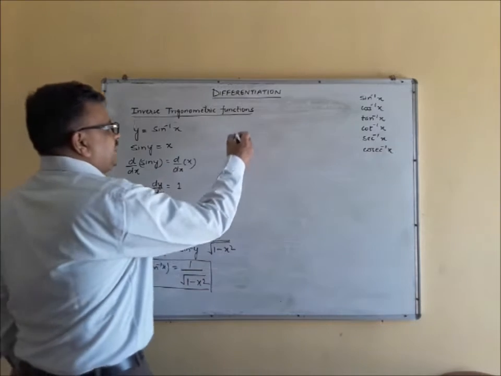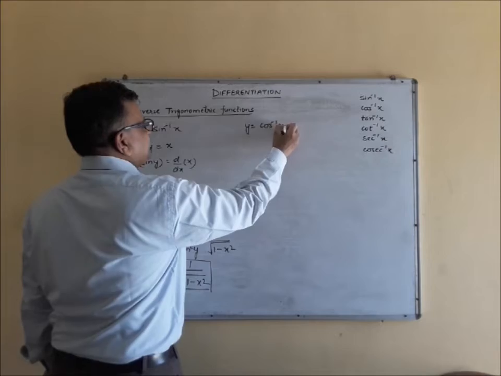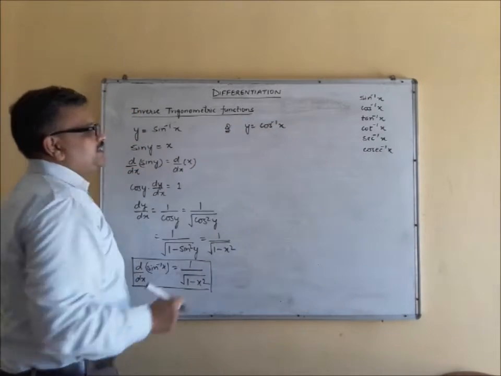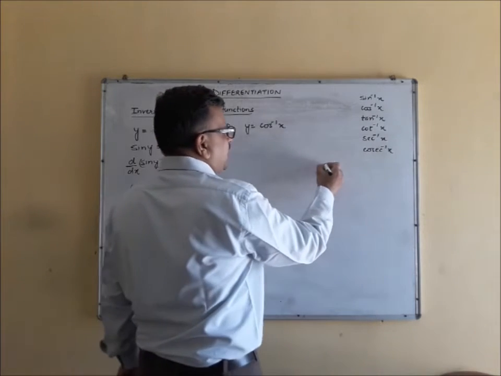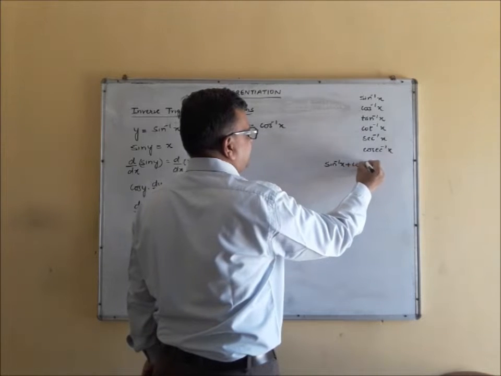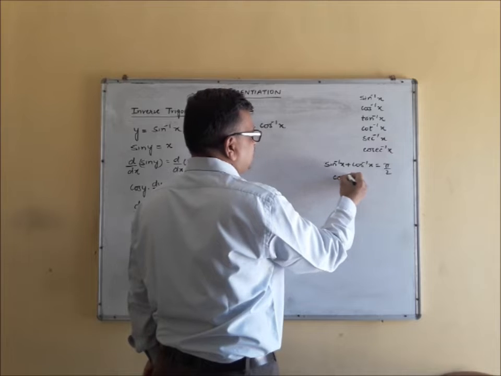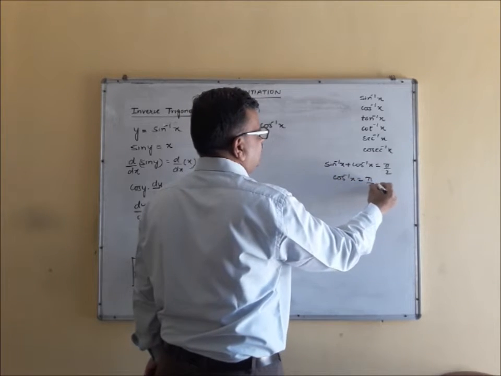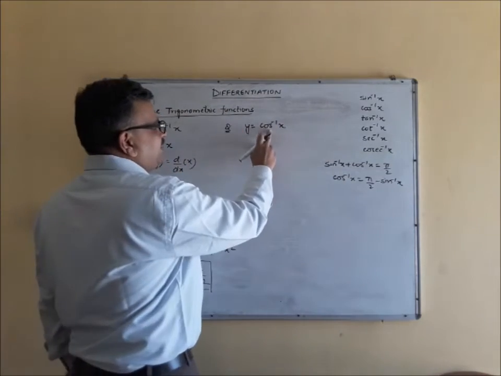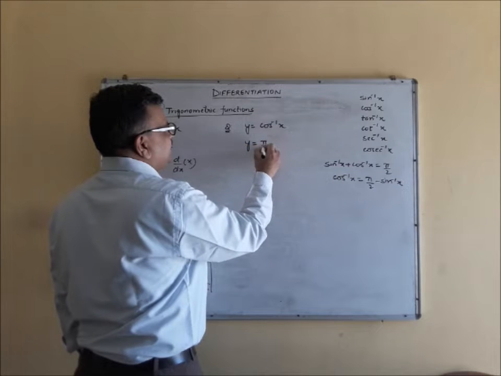Now we find out the derivative of cos inverse x. y equal to cos inverse x. Now we know that sine inverse x plus cos inverse x equal to pi by 2. So cos inverse x is equal to pi by 2 minus sine inverse x.